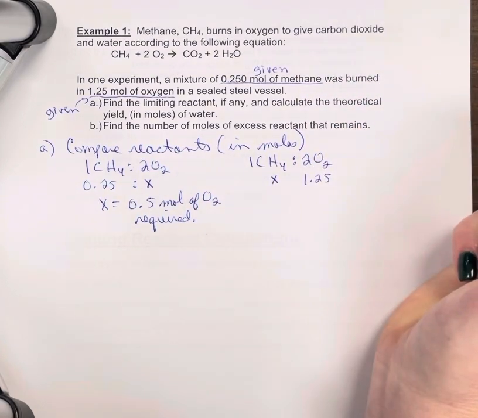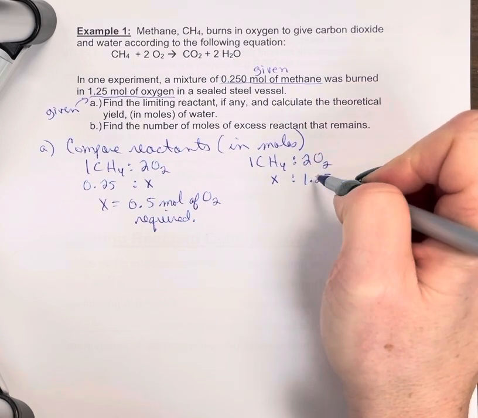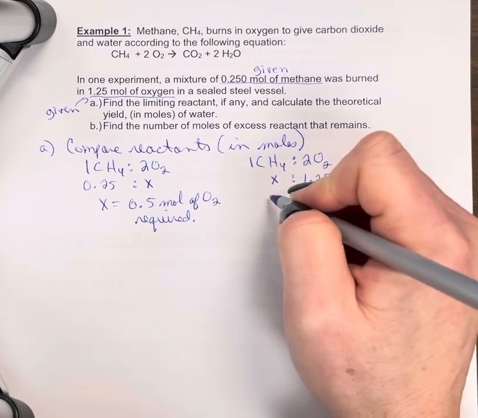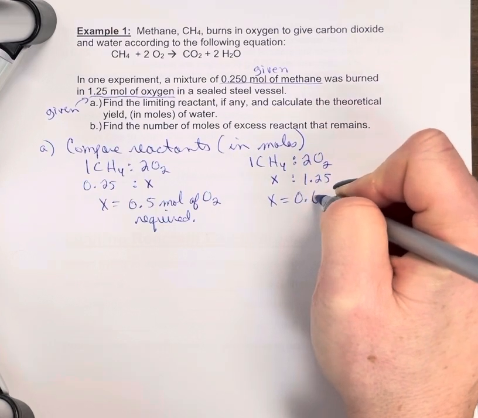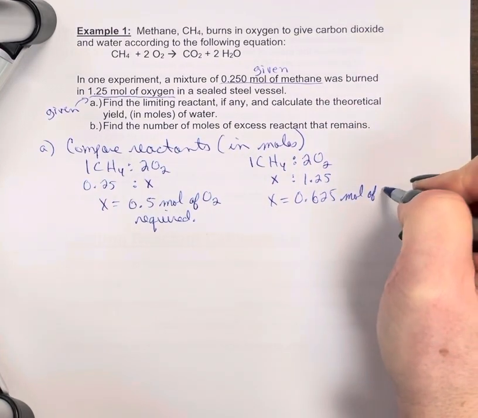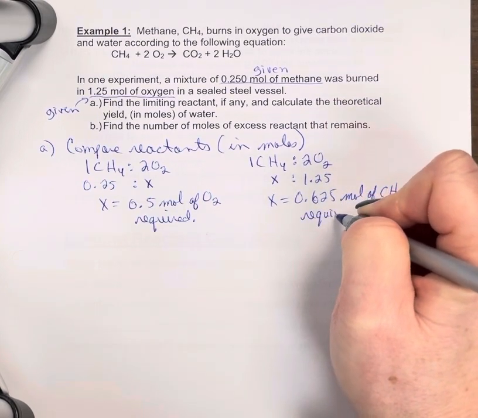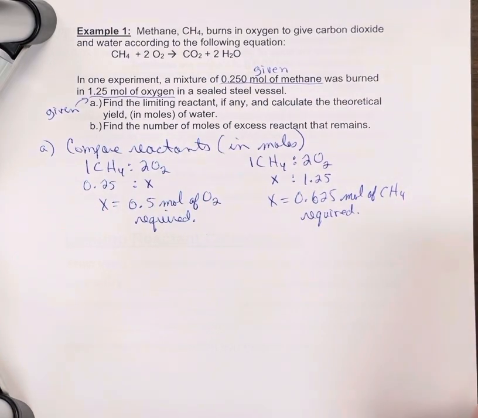I want to know how much methane I would need. So again, do your cross multiply. In this case, you end up dividing 1.25 by 2. So you get X equals 0.625 moles of CH4 required. And again, writing that in is really going to help later in our question.